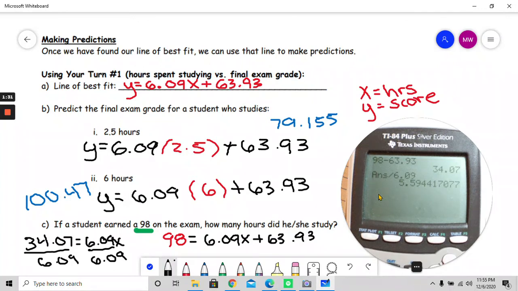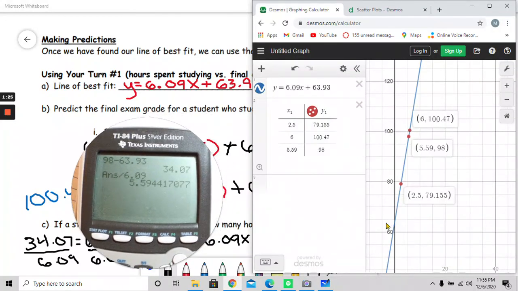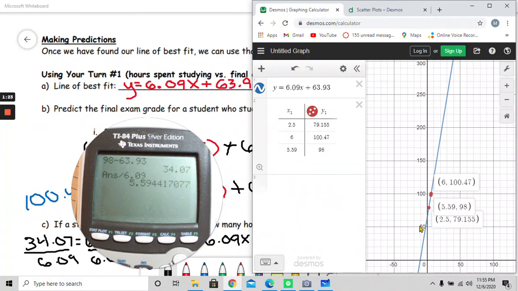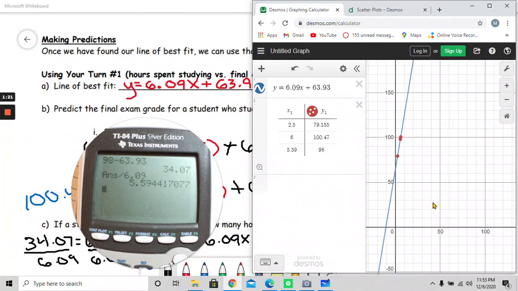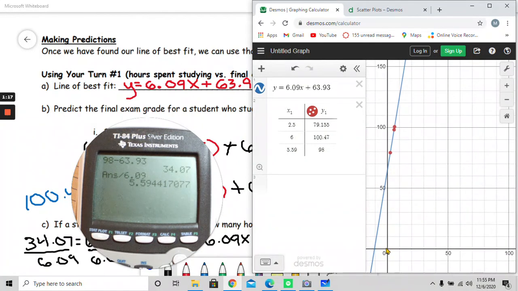Okay? I'm going to show you what this would look like on the graph. So on our Desmos graph, here we have all the way back in the beginning. So someone that studied for 0 hours, we have our y-intercept of 63.93.